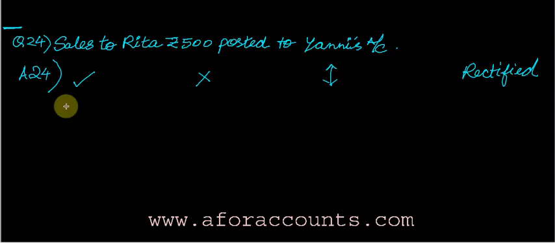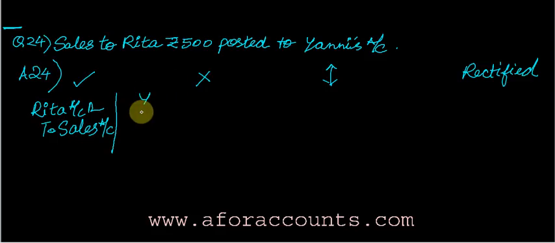So for sales to Rita, the entry will be Rita account debit to sales account. Okay, the wrong entry is, what have I done? I have posted it to Yani's account. So I have done Yani's account debit instead of Rita, to sales account.